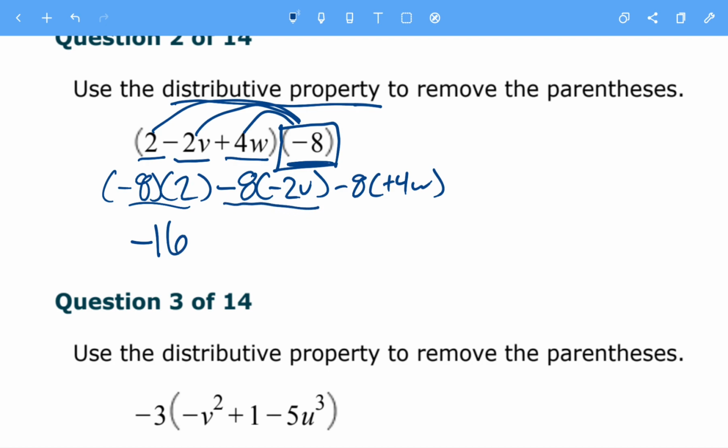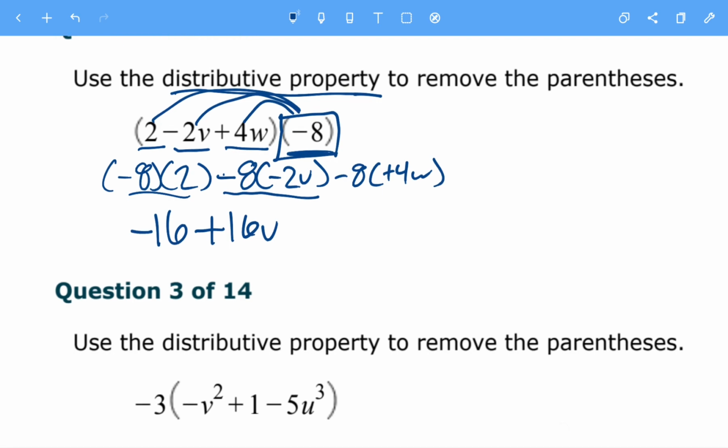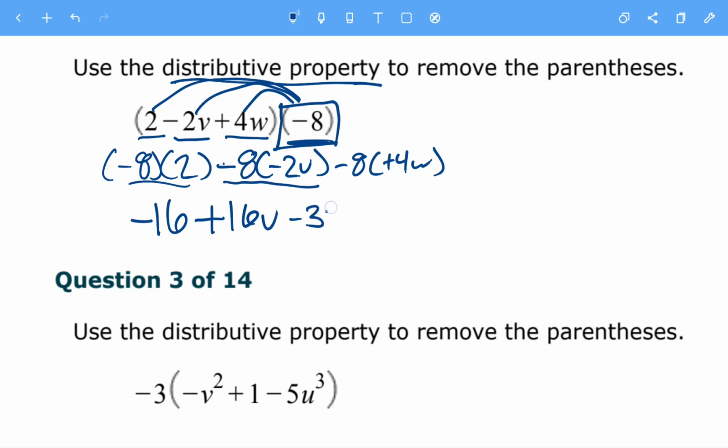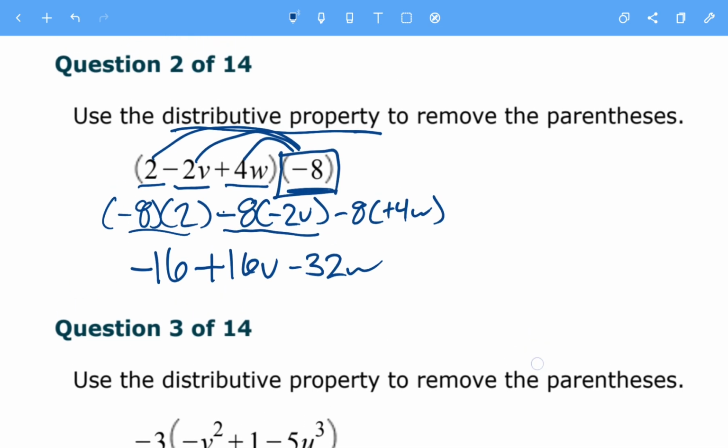Negative 8 times negative 2v, that gives us plus 16v. Remember, negative times a negative will give us a positive. And then negative 8 times positive 4w gives us a minus 32w. And we're done. None of these are like terms, so we cannot combine them.